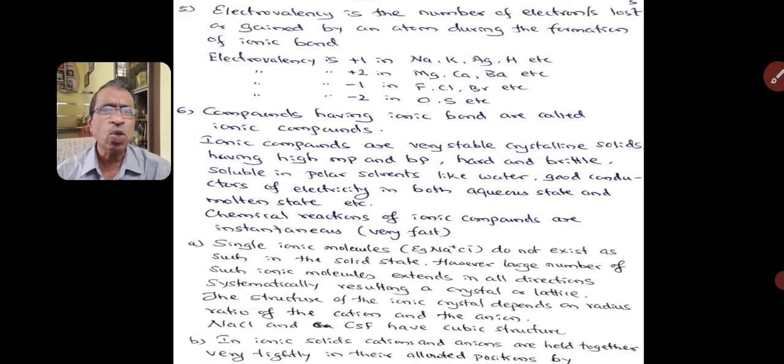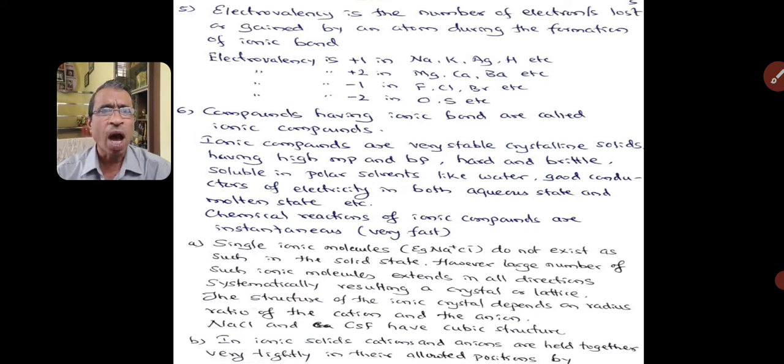Chemical reactions of ionic compounds are instantaneous, that is, very fast. A single ionic molecule does not exist as such in the solid state. However, a large number of such ionic molecules extend in all directions systematically, resulting in a crystal or lattice.